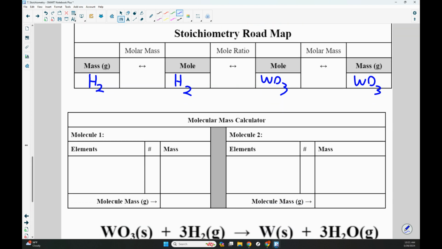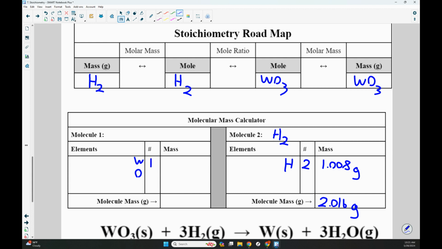So we're going to need to calculate the molecular mass for both of these. We know that hydrogen from the last problem is 2.016 grams. Okay, and we've got 2 hydrogens of 1.008 grams. And tungsten oxide is going to take a little more work.